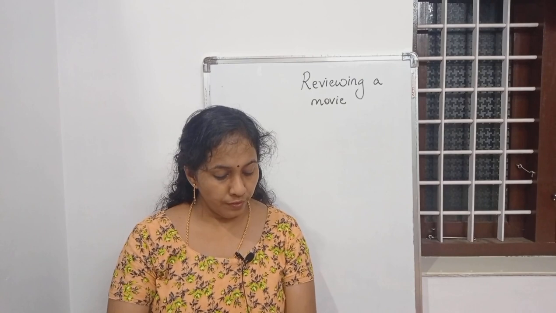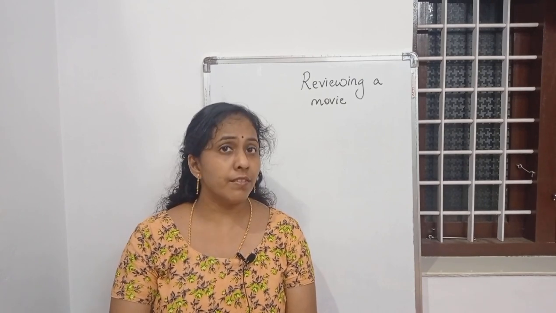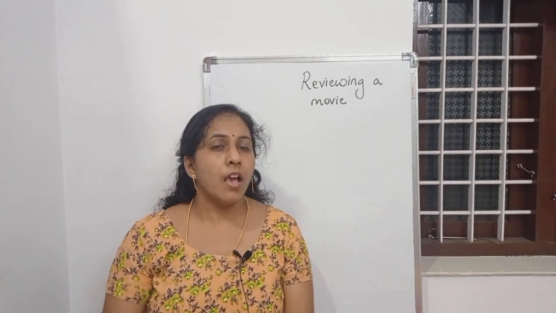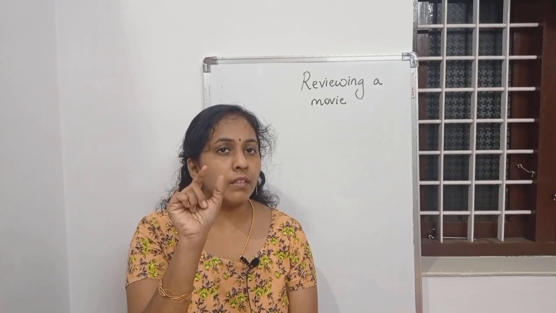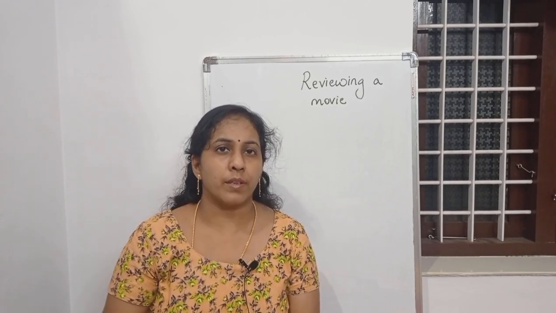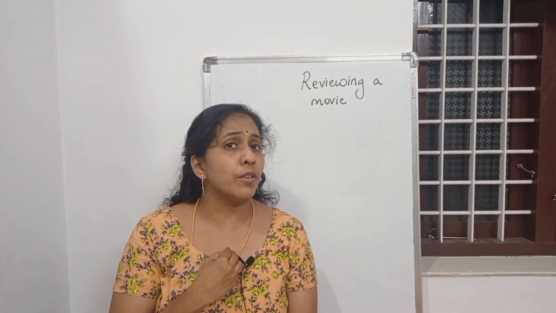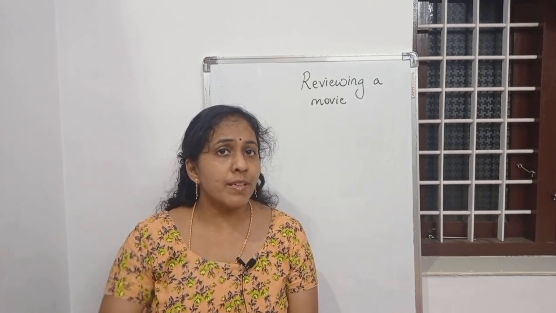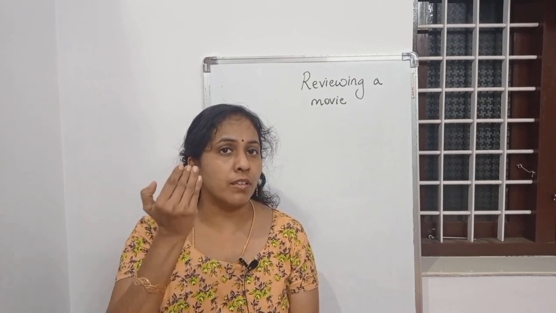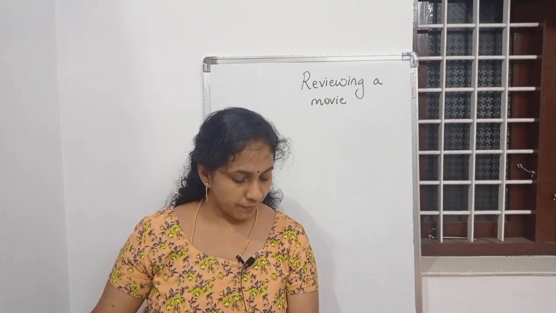Now, movie reviews help students develop a critical opinion. You should have a critical opinion about any topic or any subject. You should have an opinion of your own, and it should be supported by logical reasoning or judgments.